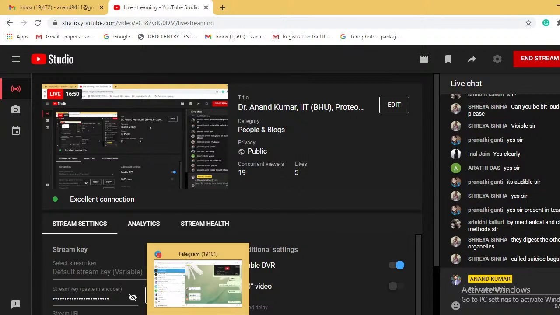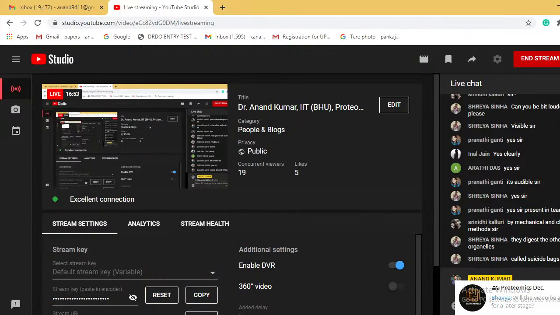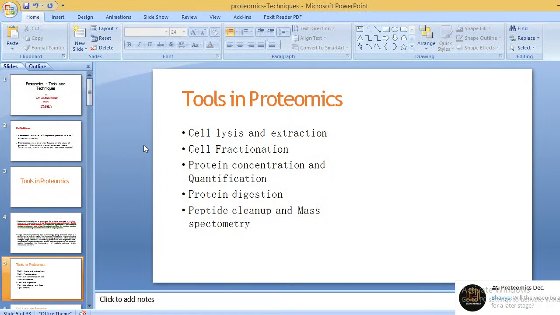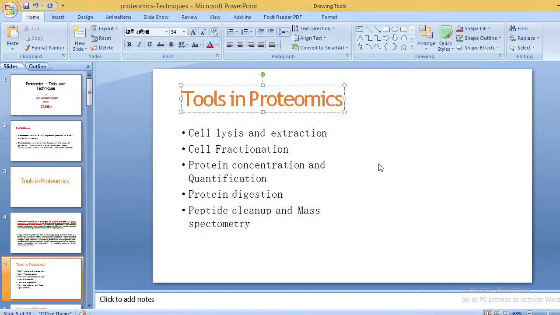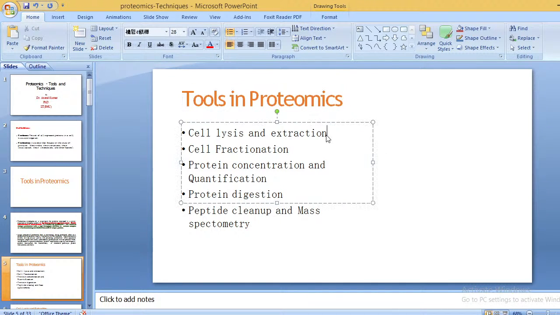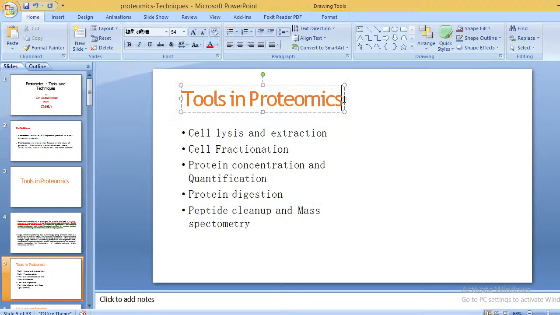So next thing is, this is the lysis method. Some more lysis methods we may use, like mechanical. Okay, so by pestle mortar or sonication we can break the cell.